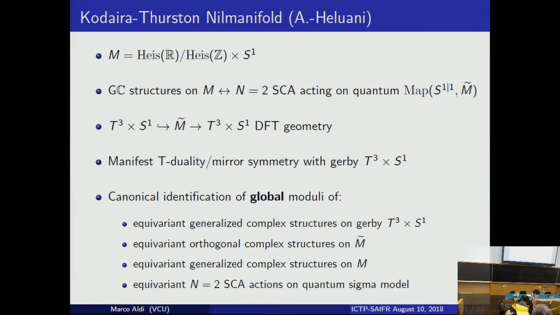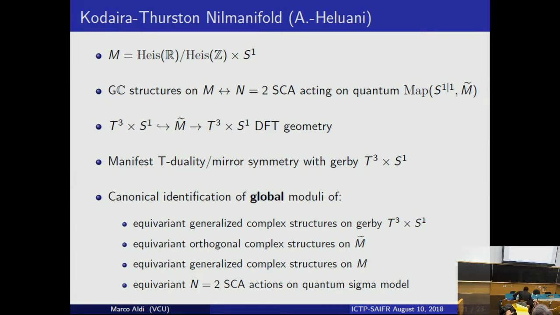And so now you can start to look at generalized complex structures on these Nil manifolds. Now, for generalized complex structure, you have to have even dimensionality, and so one easy way to do this is to cross with S1. And then you see that, as in the case of simply connected manifolds or for tori, where generalized complex structures corresponded to N=2 actions of the N=2 superconformal algebra on chiral de Rham.